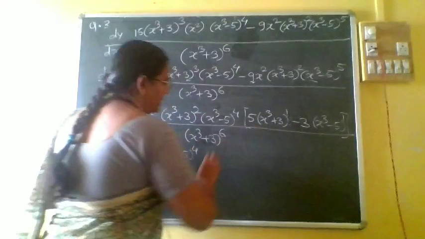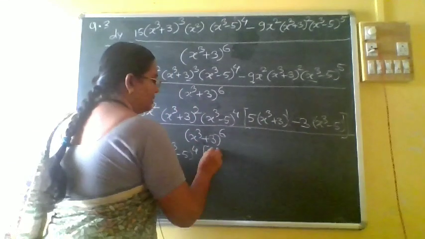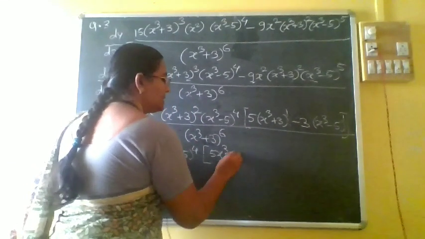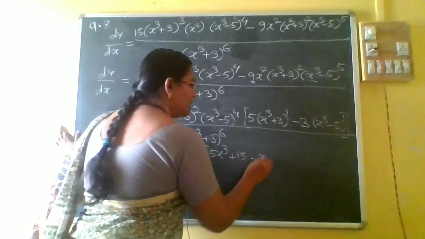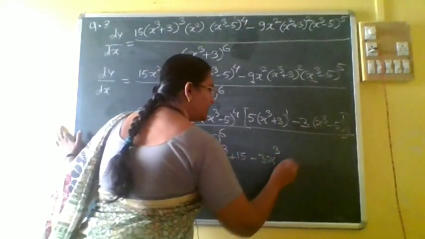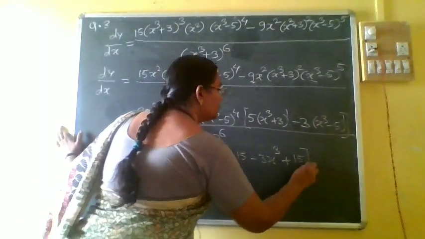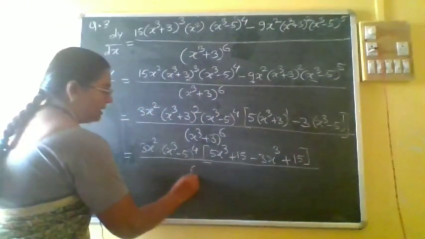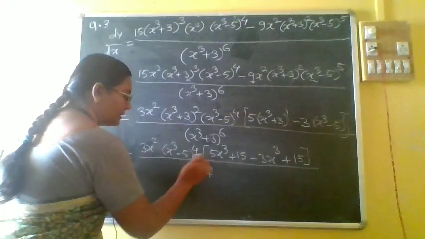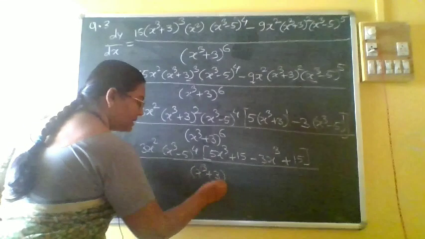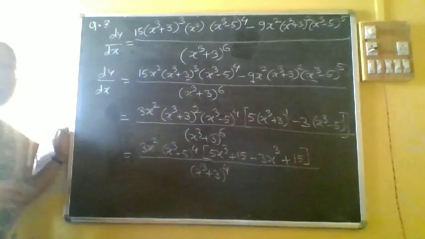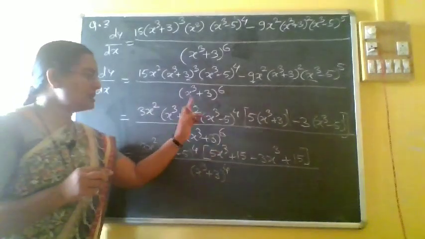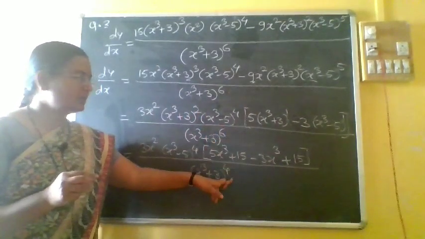Then for this we multiply by 5: 5x cube plus 15 minus 3x cube, and this minus minus becomes plus 15. This also becomes (x cube plus 3) raised to 4, because 6 minus 2 becomes raised to 4.